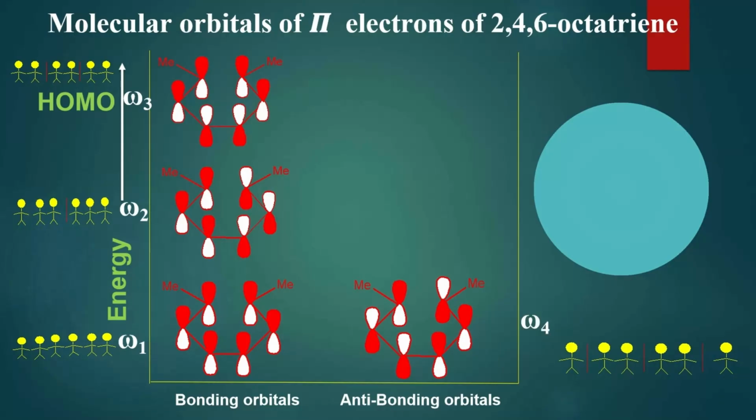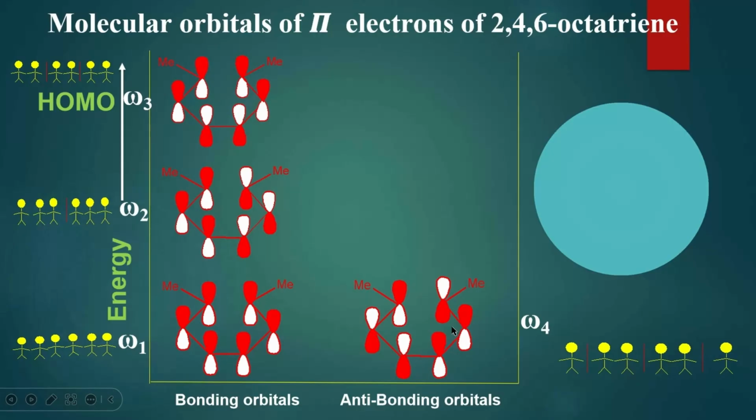It has 4 subgroups, 1, 2, 3, 4. These two are together, that's why one bond is possible. These two are together, that's why one molecular orbital is possible by the interaction of these two p atomic orbitals. Here this is one bond, this is another bond.